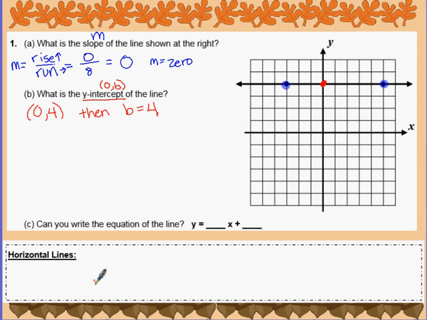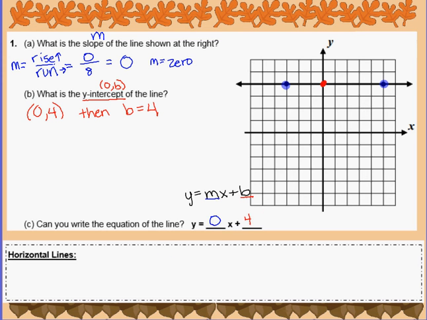So for part C, it asks us to write the equation of this line. Well, we know the standard format, the equation of any line, is y equals mx plus b. M always being the slope, and b always being the y-intercept value, where it crosses the y-axis. So this equation should then be y equals 0x plus 4.